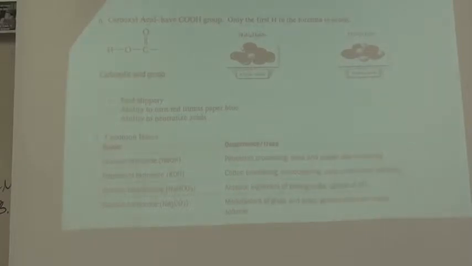The carboxyl group is this unit, COOH. It forms acids that have this functional group attached to it. An example of that would be citric acid and malic acid. My picture overrode this word.